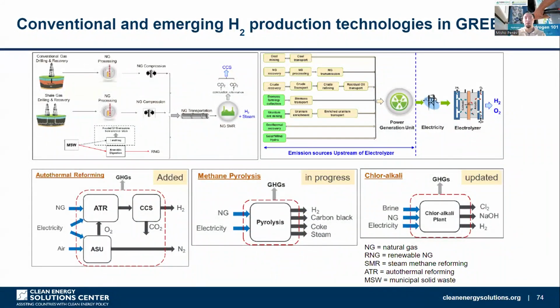This pathway uses natural gas and electricity to produce hydrogen and solid carbon in various forms, be that carbon black, all the way to nanotubes, which may be structurally interesting products. And also there are co-product pathways such as hydrogen that is co-produced with chlor-alkali. Next slide, please.